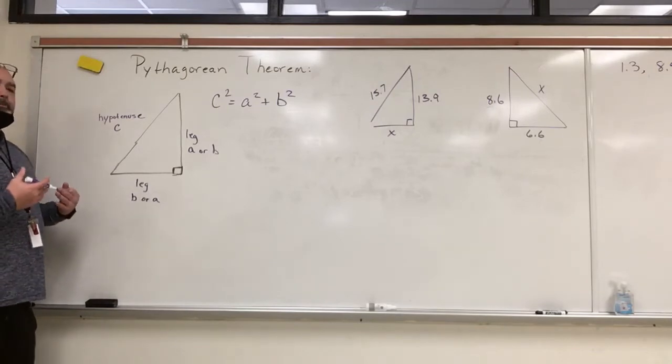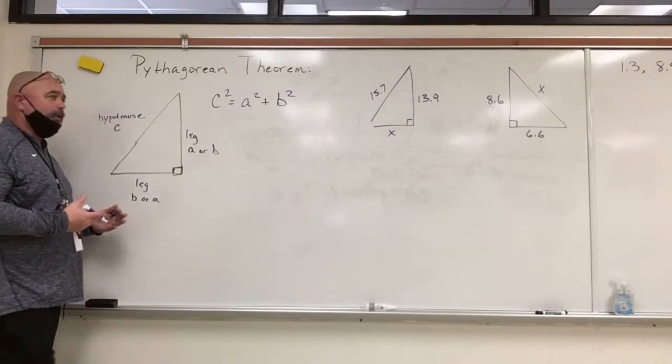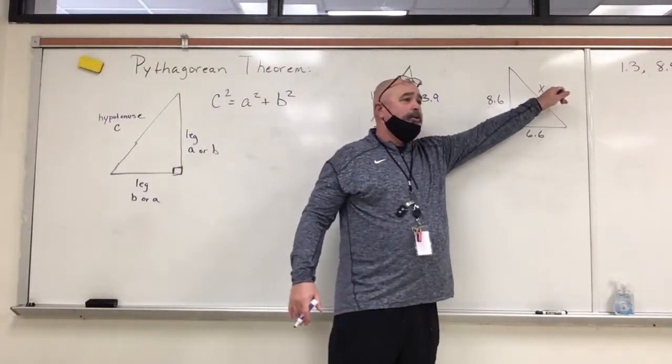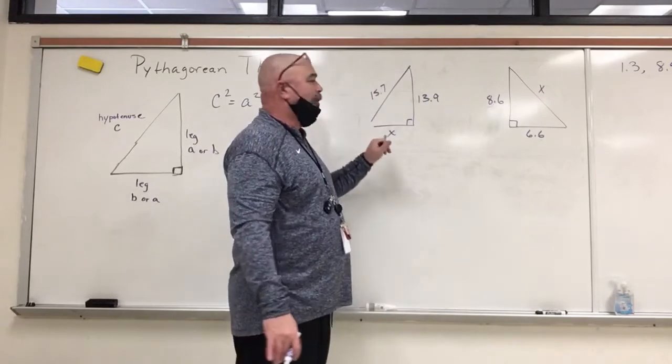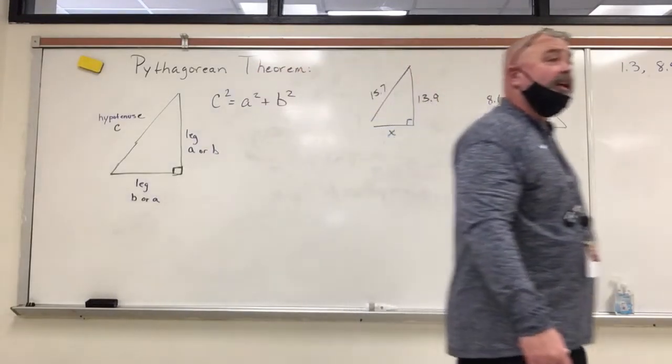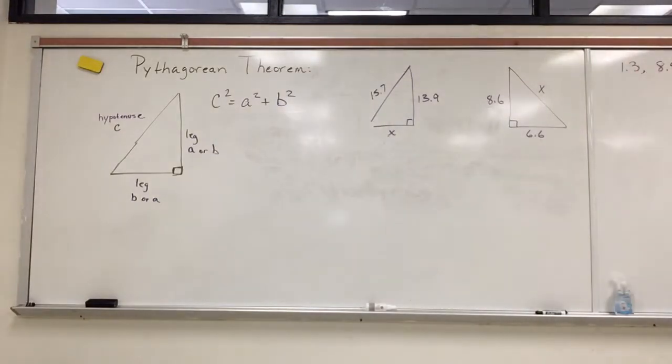Now, we're going to break it down even more, because sometimes we have to find what c is equal to, but sometimes we have to find what a and b are equal to, and sometimes we get lost on how to do that. So I'm going to break it down even further for you.